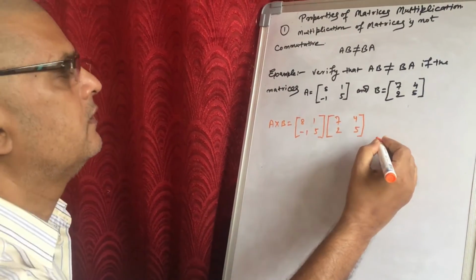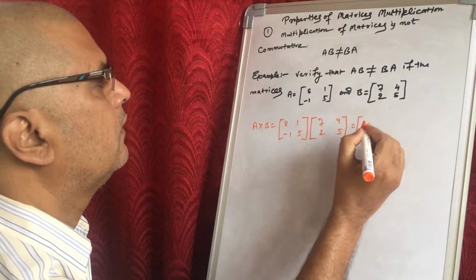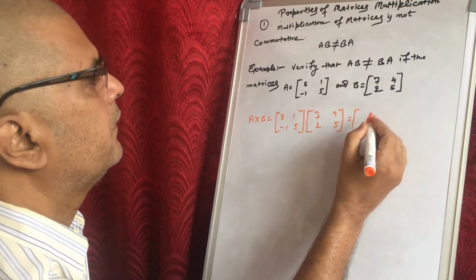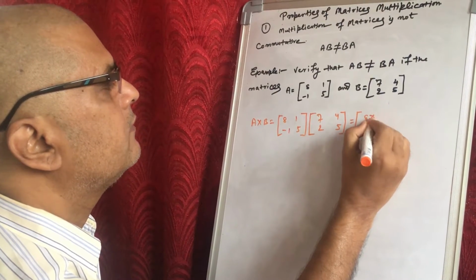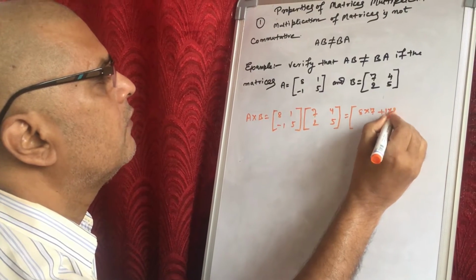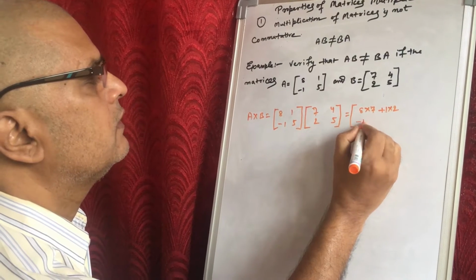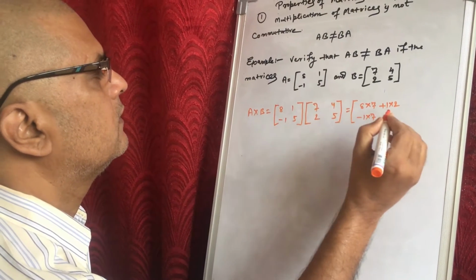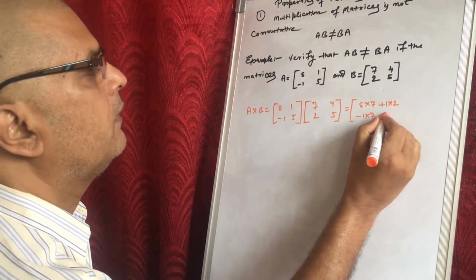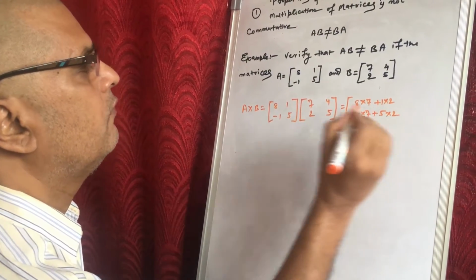So it will be 8 into 7 plus 1 into 2, minus 1 into 7 plus 5 into 2.